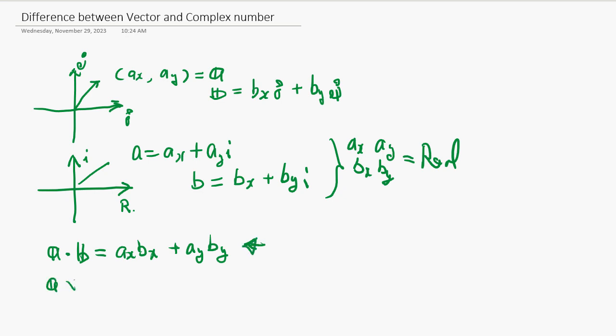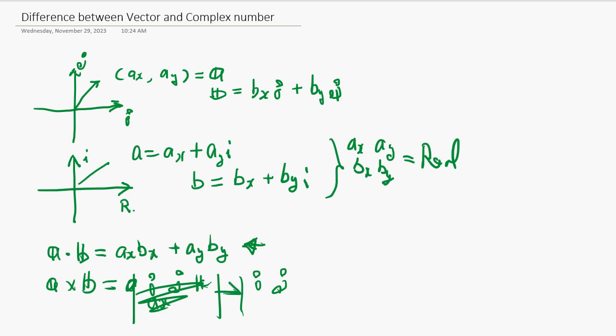We also define a different type of multiplication, with the determinant of i, j, k, ax. Oh, this is three-dimensional. How do you get three-dimensional from two-dimensional? From this, you eliminate this portion, right?